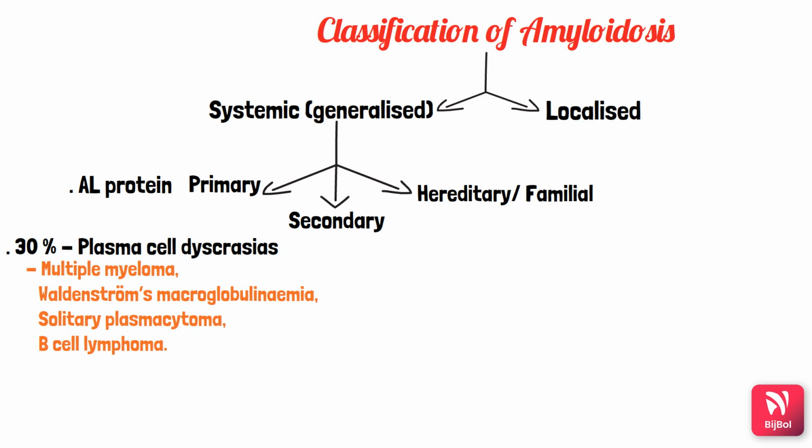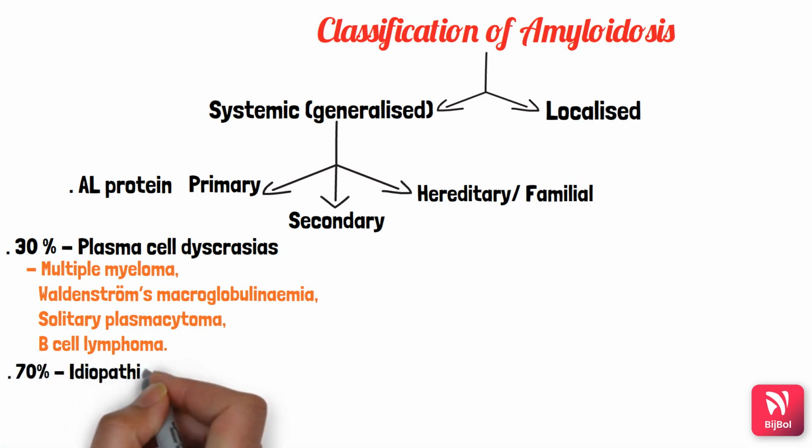Whereas 70% don't have any proper etiology; we don't know where these are forming, so 70% of them are idiopathic in nature. This is about primary systemic amyloidosis, which contains AL protein as the main amyloid protein.